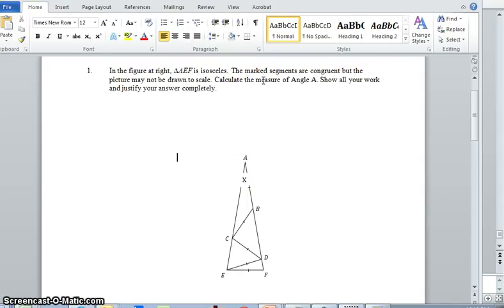And then the object of this task is to take really good notes, stay really organized, and work together very well to give me as much information as you can about this figure. Some of you may get to the actual value of angle A, and some of you may not.